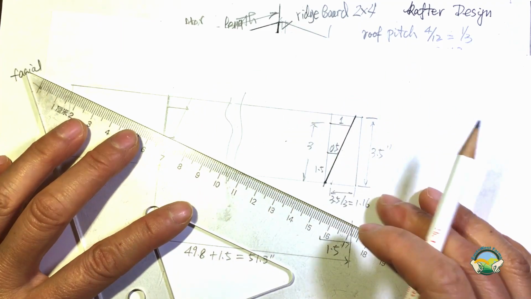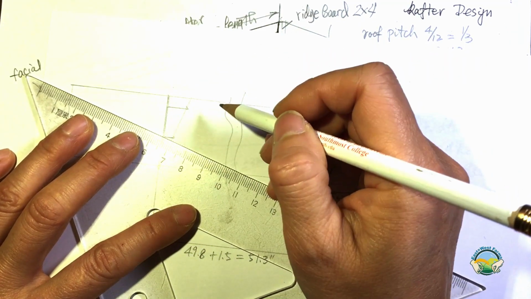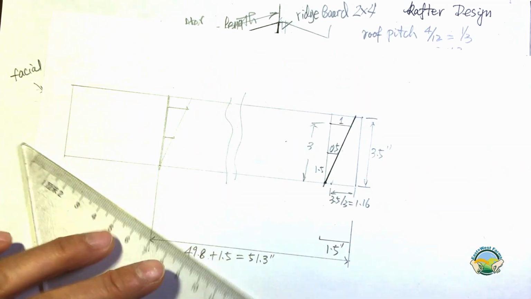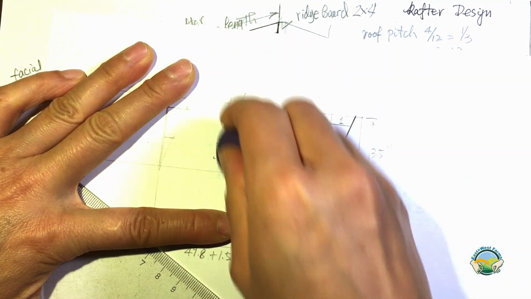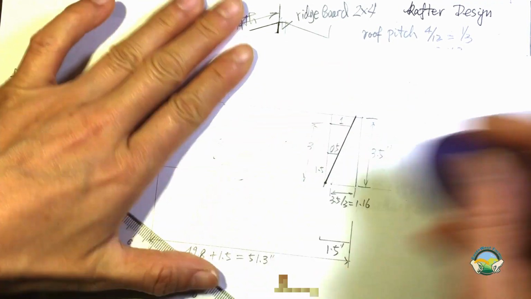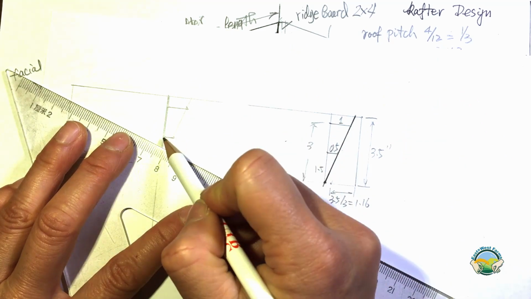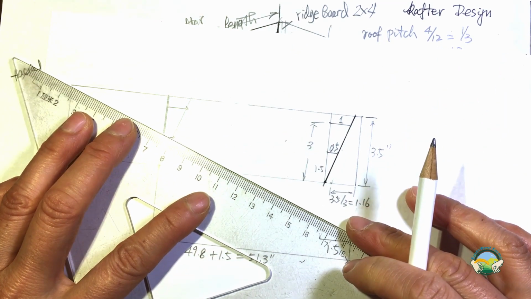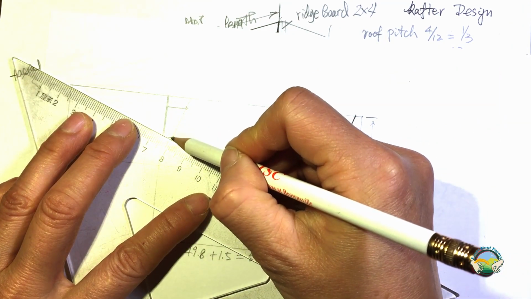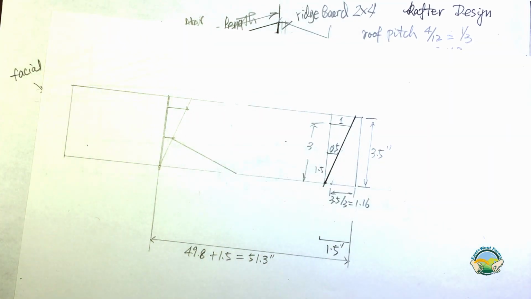I just use that and then I draw my reference line. Here it is a little bit too close, so I remove that for now. Now I have the plumb line and I choose 1.5, and then I can draw the perpendicular line for that.